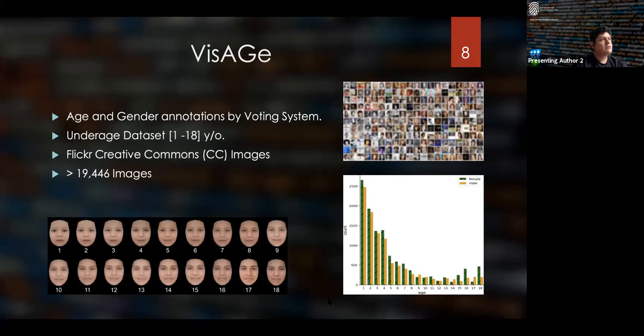These images come from Flickr, they're Creative Commons, and they're from 1 to 18-year-olds. They're specifically for underage, and these images were labeled by the author. The author would usually put the ground truth labels for the images.